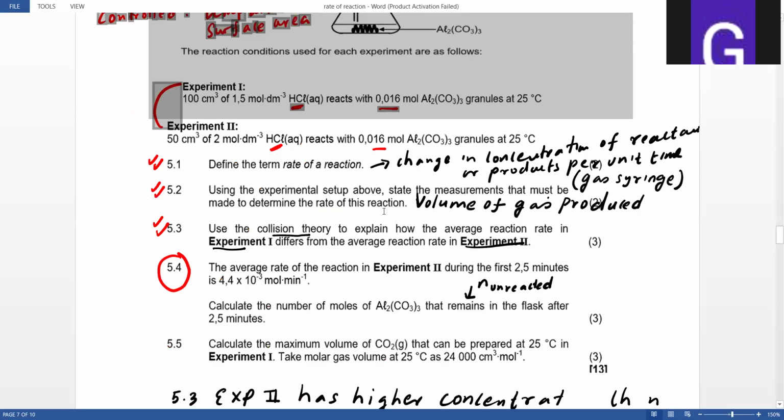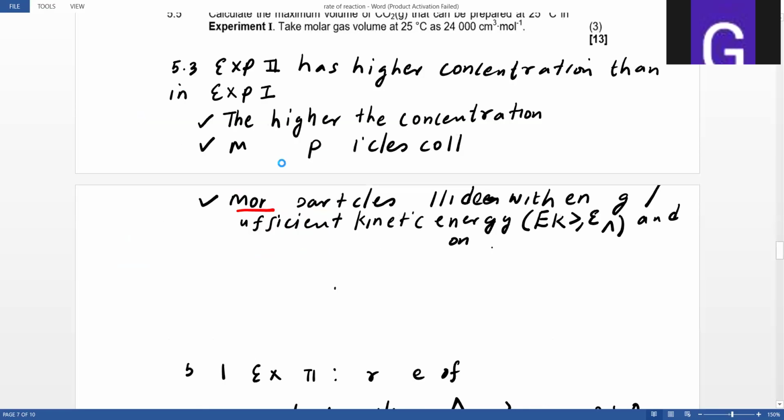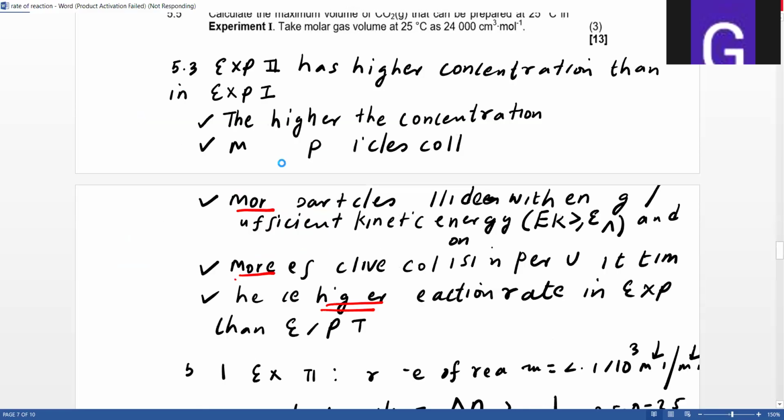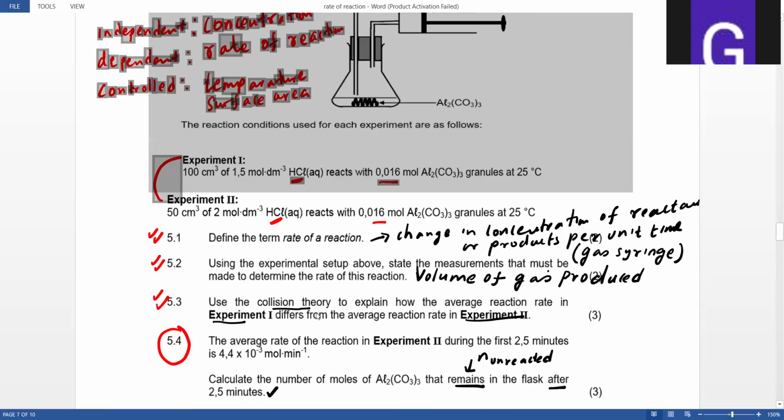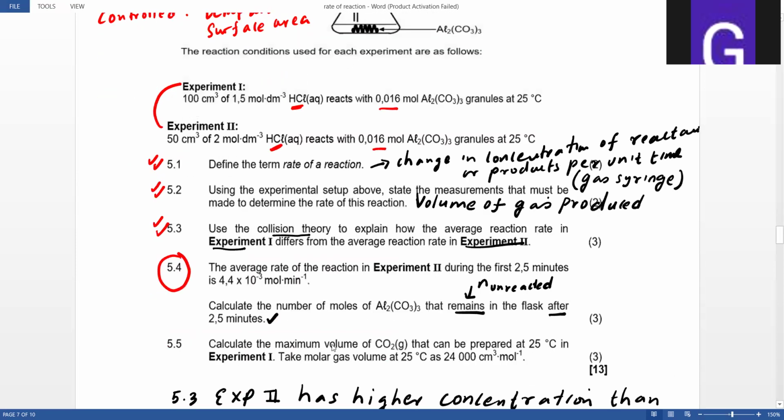The second question says, calculate the maximum volume of carbon dioxide that can be prepared at 25 degrees Celsius in experiment 1. Take the molar gas volume at 25 degrees to be 24,000 centimeter cubed per mole.